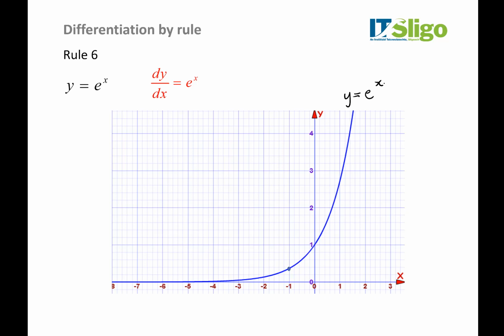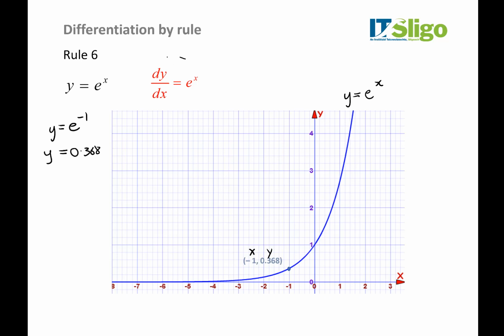And if we pick a point, we let x equal to minus 1. So if we use our calculator, y is equal to e to the power of minus 1. When you get your calculator, you'll get 0.368. So this point here is described by minus 1 for our x value, and our y value is 0.368.